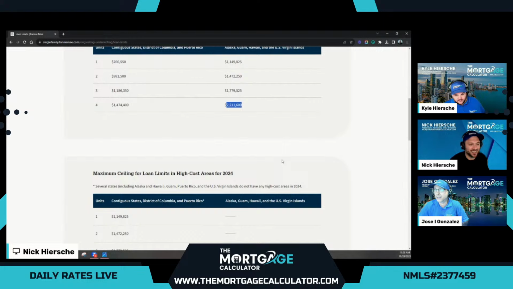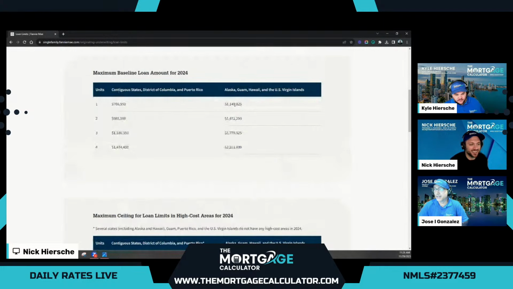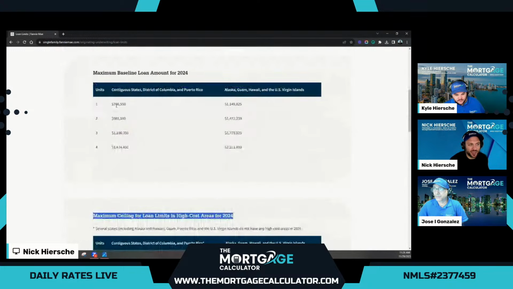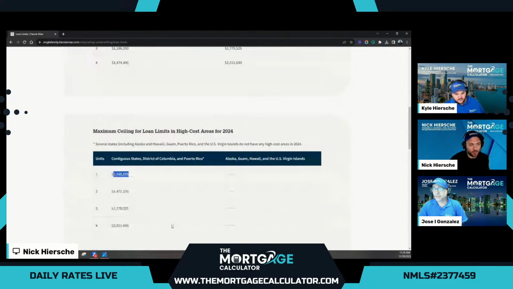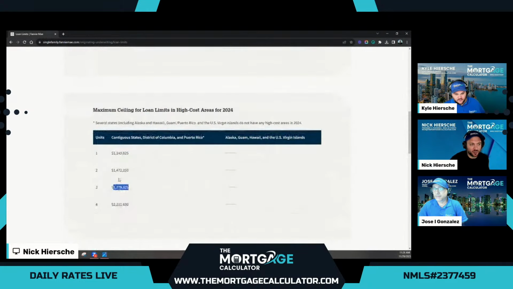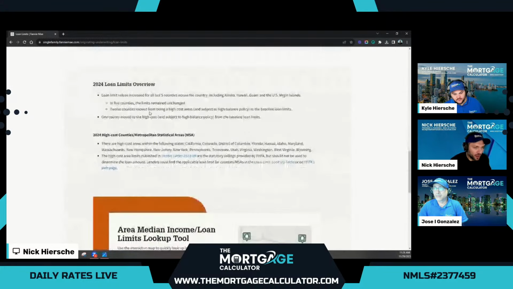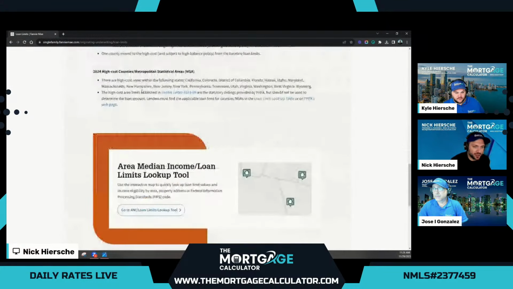So sorry. Yeah. So you see here, this is the base for the high cost areas, and then it says this is the max. So as I mentioned, the high cost areas like California will be between these two because this is the actual max, right? So these are the absolute maxes depending on the area. You have to look up your area in the geocoder here.